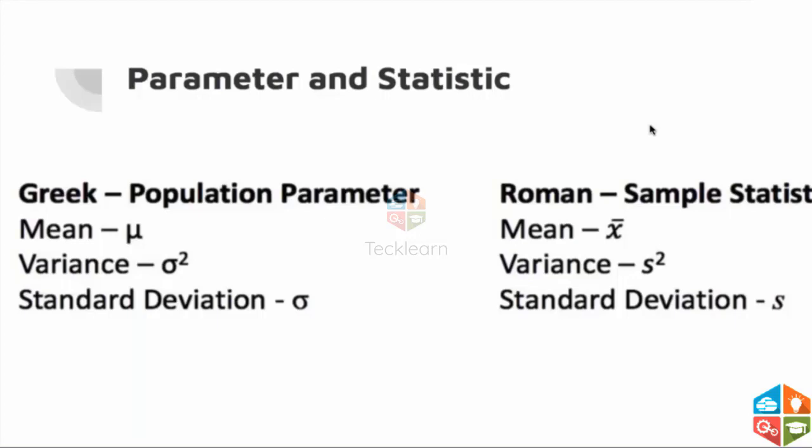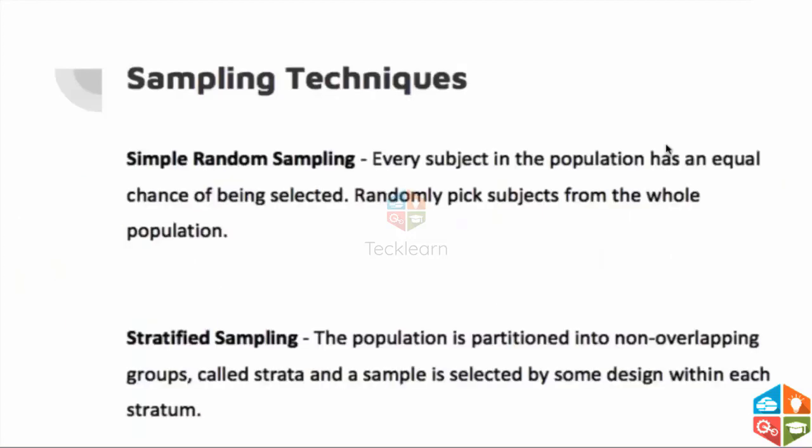This is the way most books denote the terminology. So anywhere you find, for example, s square or s, you should understand that it refers to the sample variance instead of the population variance. Mu and sigma are related to the population parameter, and x bar, s square, and s denote the sample statistic.